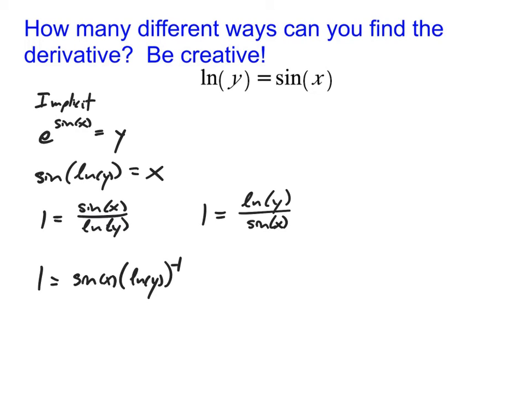Of course, that's by dividing both sides by the other side, right? You didn't have to divide both sides by it. You could even subtract from both sides, like 0 equals sine of x minus natural log of y. Or, of course, you could move it to the other side as well. You could do natural log of y minus sine of x equals 0. And you could be finding the derivative of that.